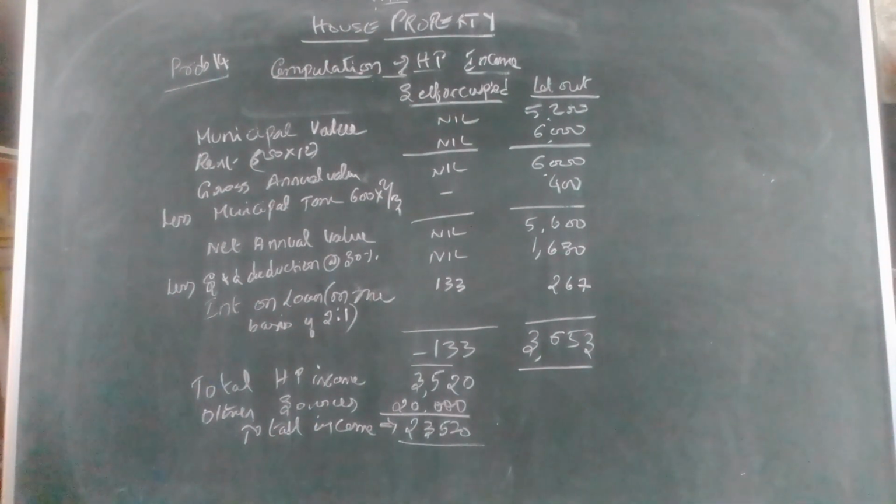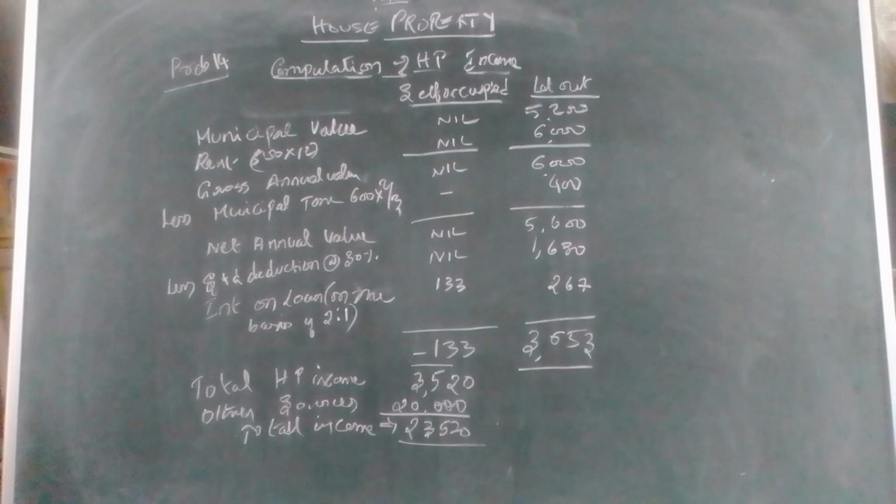Then the standard deduction is for all let out property. We are permitted to claim the standard deduction for let out property. So the standard deduction at the rate of 30% is taken here. Interest on loan is given, and that is also taken on the basis of 2:1.